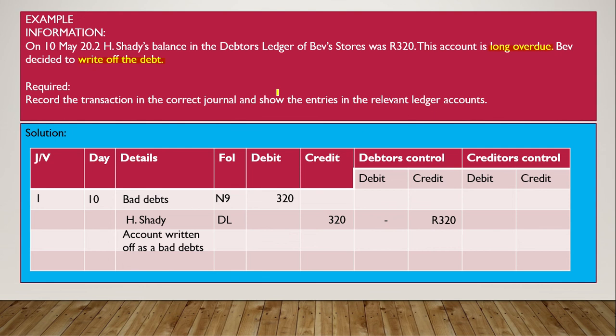This entry is actually very important. If the entry affects a debtor or a creditor, it also will be recorded under debtors control or creditors control. In this case, this is a debtor, so it will be recorded under debtors control.